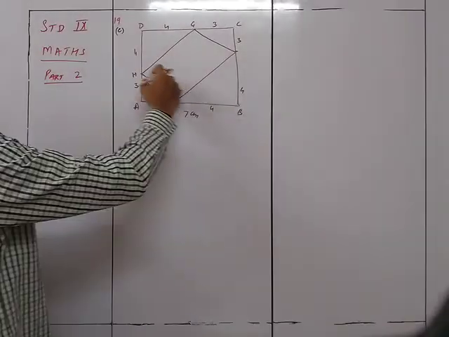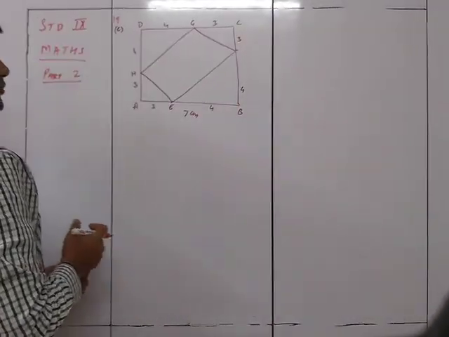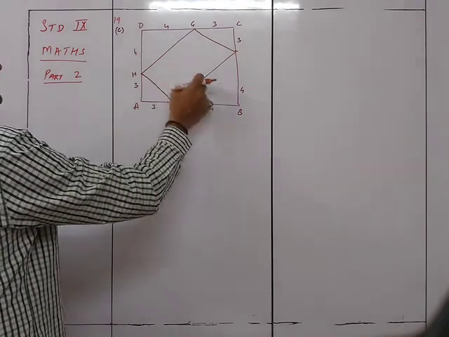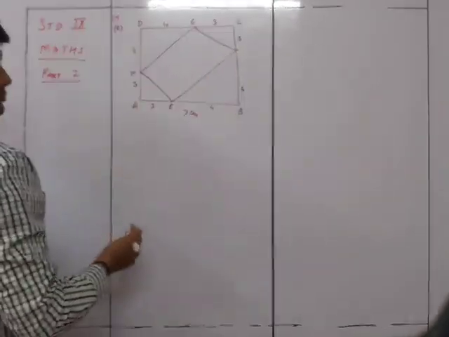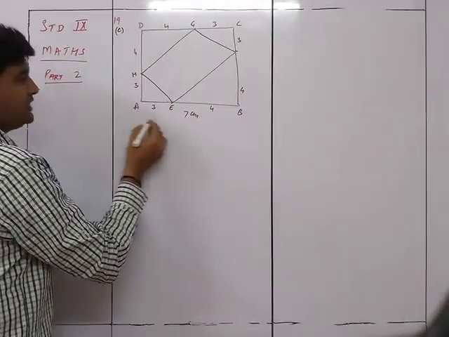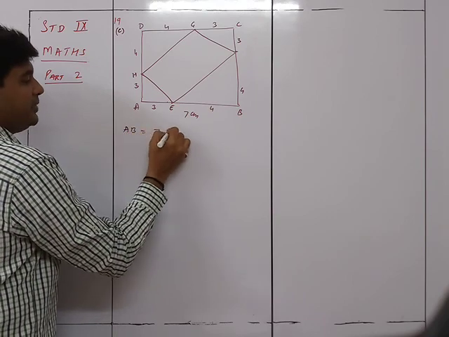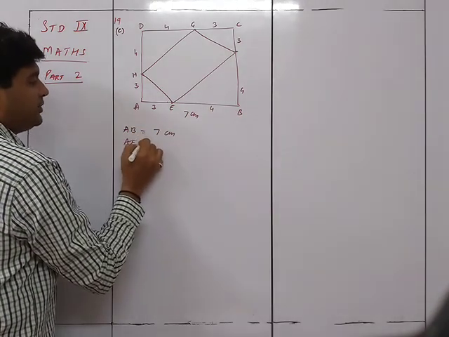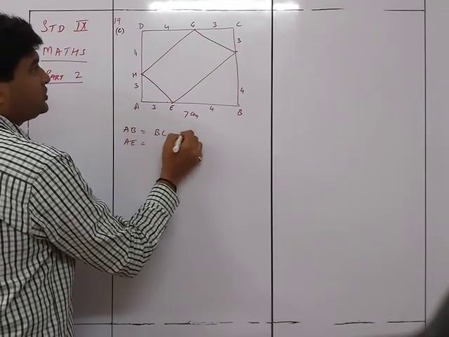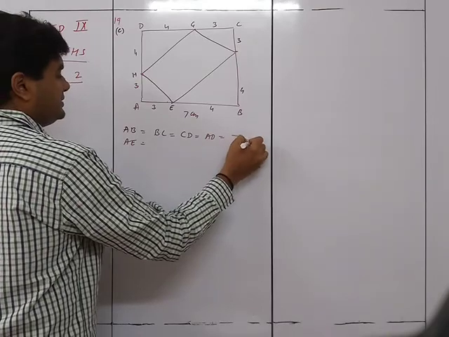So you need to prove that this is a rectangle. For a rectangle, what we need to prove is the opposite sides are equal. So firstly we'll write over here that AB is equal to BC is equal to CD is equal to AD is equal to 7 centimeters.